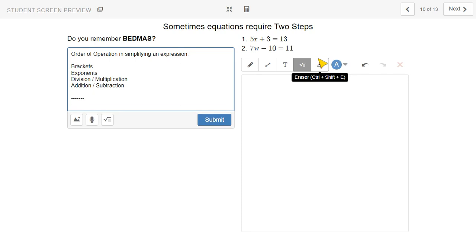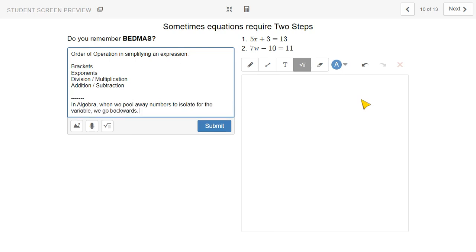But when we're solving in algebra, we're going to start peeling things away in the opposite direction. Let's look at our first example. 5x plus 3 is equal to 13.